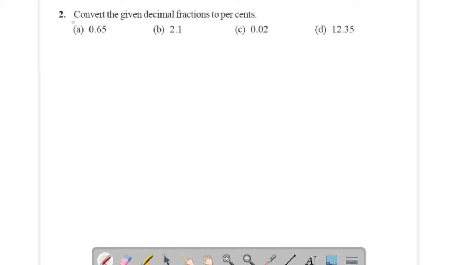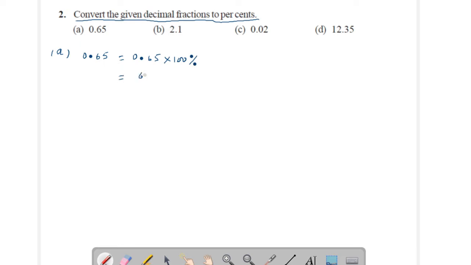Now come to question number 2. Convert the given decimal fractions to percent. See A part. It is 0.65. This can be written as 0.65 into 100%. Here remove the decimal.